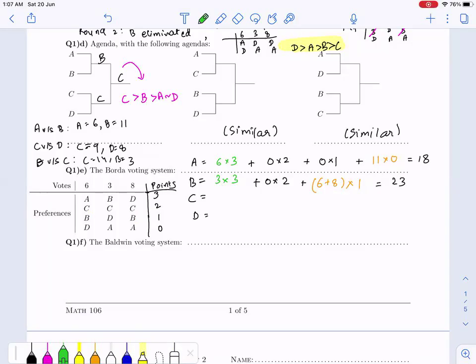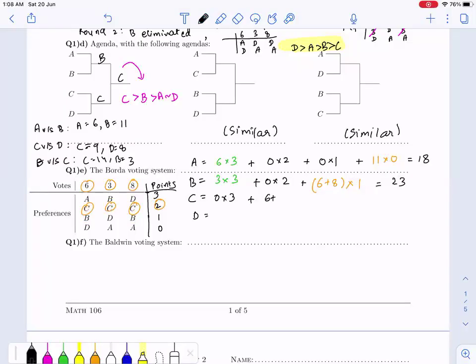Okay, let's do C. So C doesn't have any voter voting it as top choice. So that's 0 times 3, 0 voters and 3 for the top choice weight. But C does have every voter voting it as their second choice, which has weight 2.